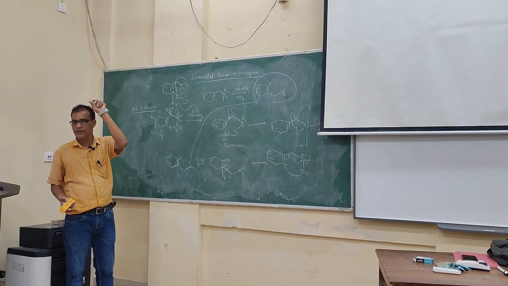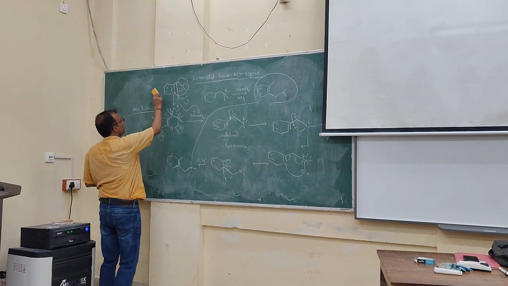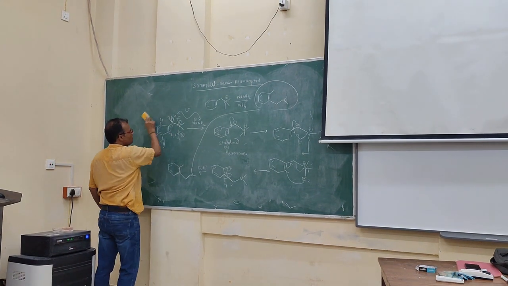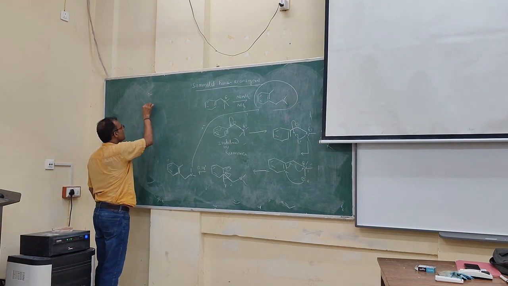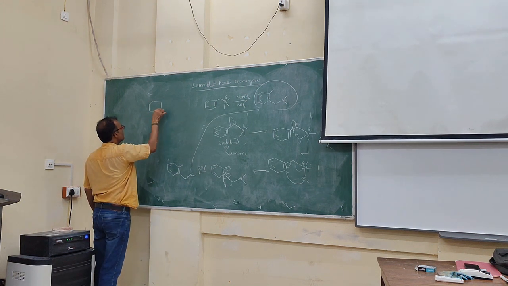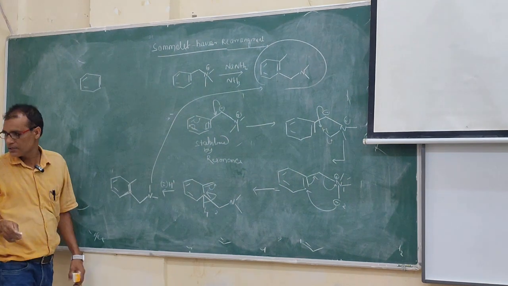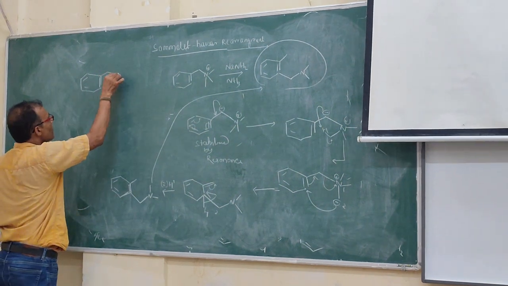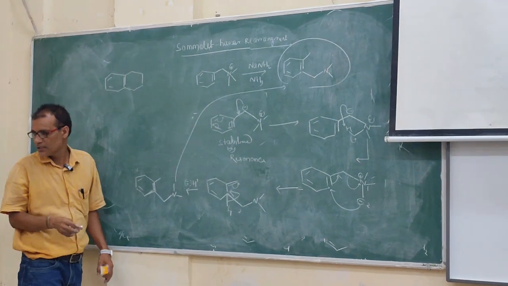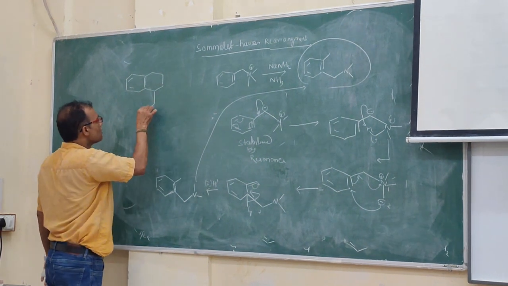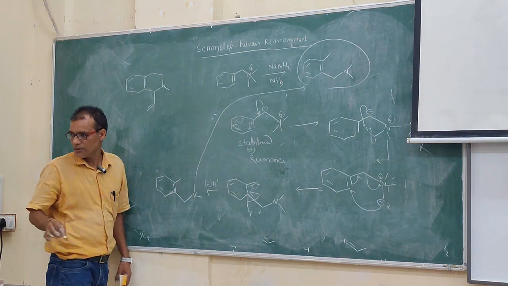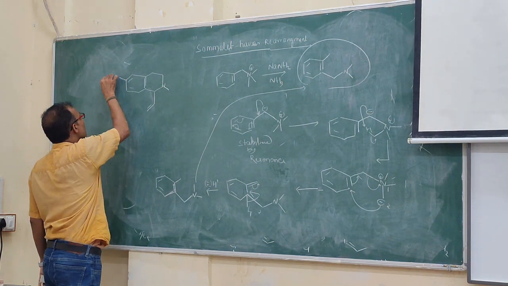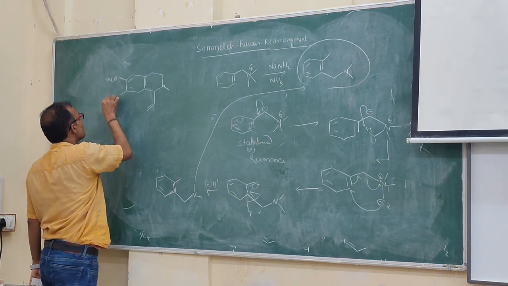Okay. So now another important problem that comes sometimes in NET. You have this. You have a 6-membered ring here, this nitrogen. Then you have methoxy here and methoxy here.